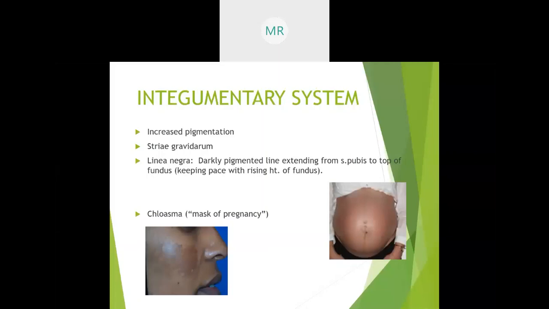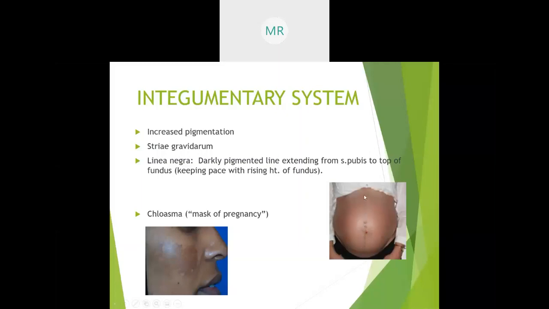And then you have the patient over here to the right, which has a black line, linea nigra, a black line that's extending, keeping pace with the rising height of the fundus from the symphysis pubis down here, and keeps pace up to the growing fetus.